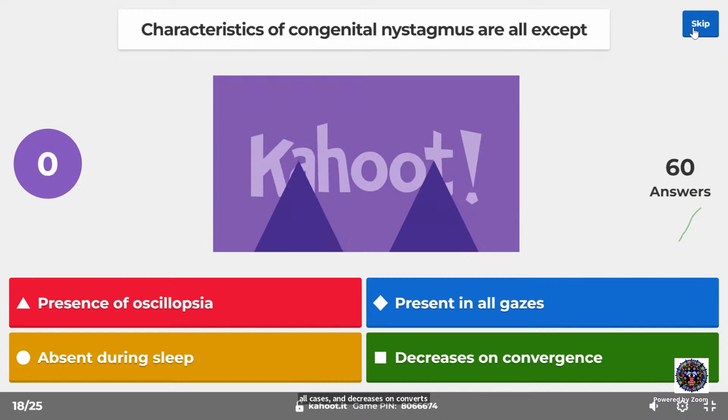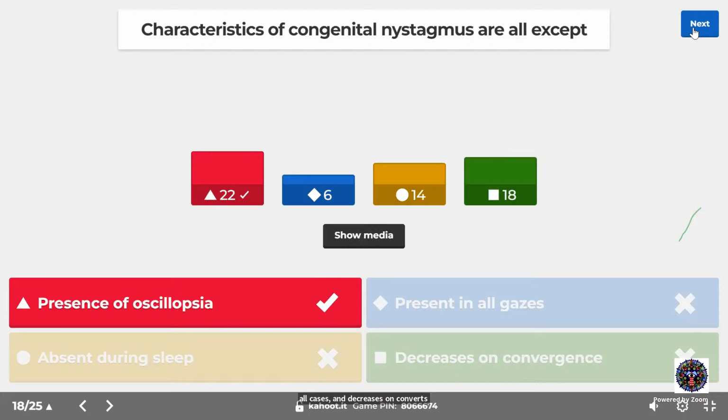Perfect. Decreasing on convergence is a classical finding of a congenital motor nystagmus. I don't know why many answered decreases on convergence. Present in all cases, it is horizontal nystagmus, and it is typically absent during sleep.